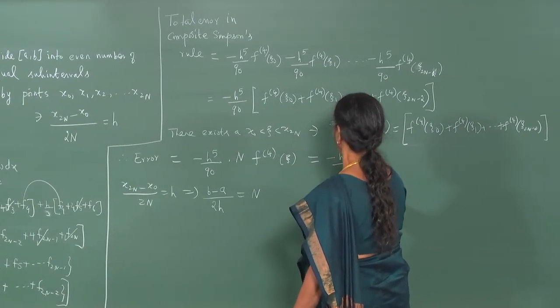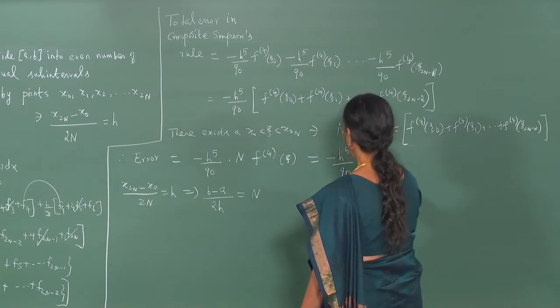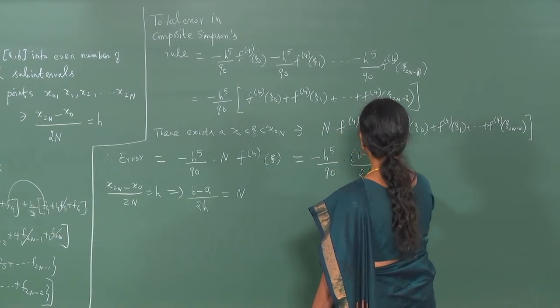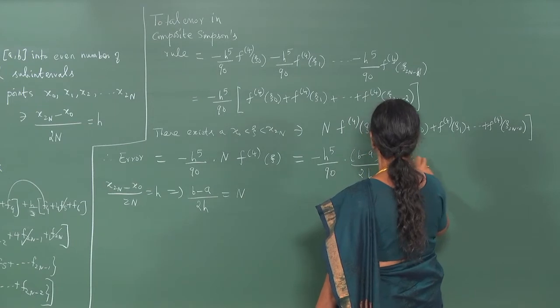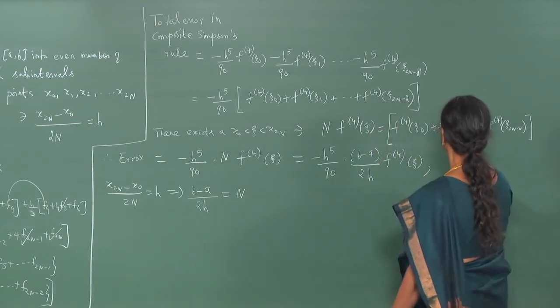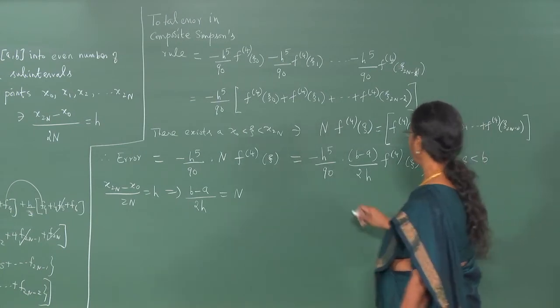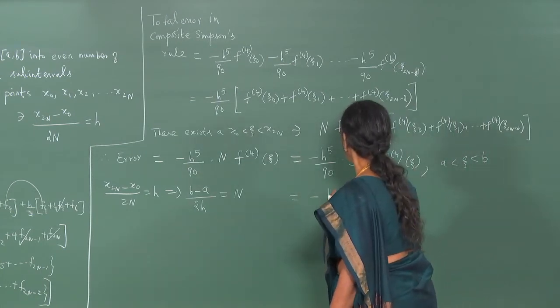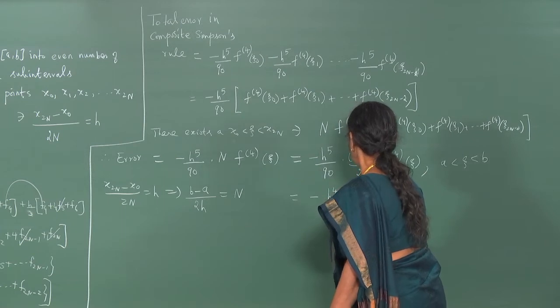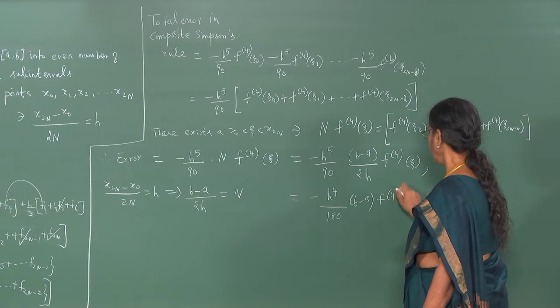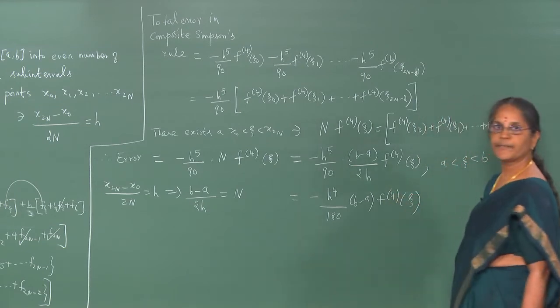So, minus h power 5 by 90 into N, which is b minus a by 2h, into fourth derivative at psi, where psi is in the interval a to b. So, this gives you minus h power 4 by 180 into b minus a into fourth derivative at psi.